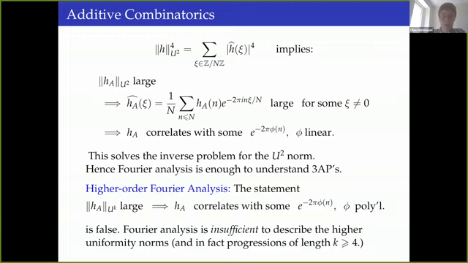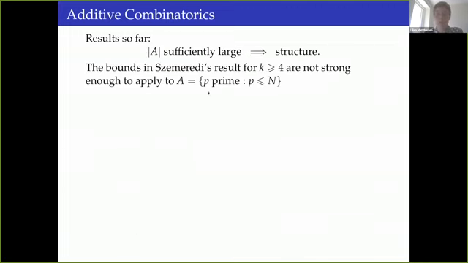Let's move on. So far, the results that I mentioned all have the shape: we make some assumption on the size of A, and if this size is sufficiently large, we can deduce that a certain structure can be found within A. The bounds in Szemerédi's result, definitely if k is larger than 4, are not strong enough to apply to study the set of primes within the first n integers.